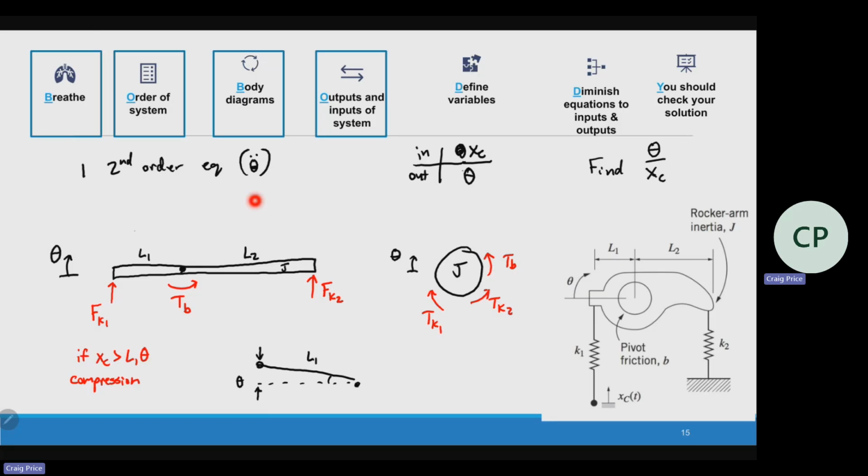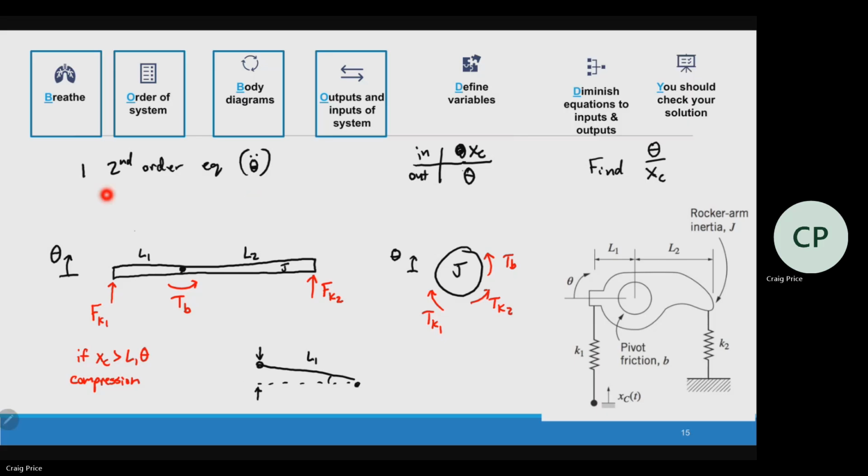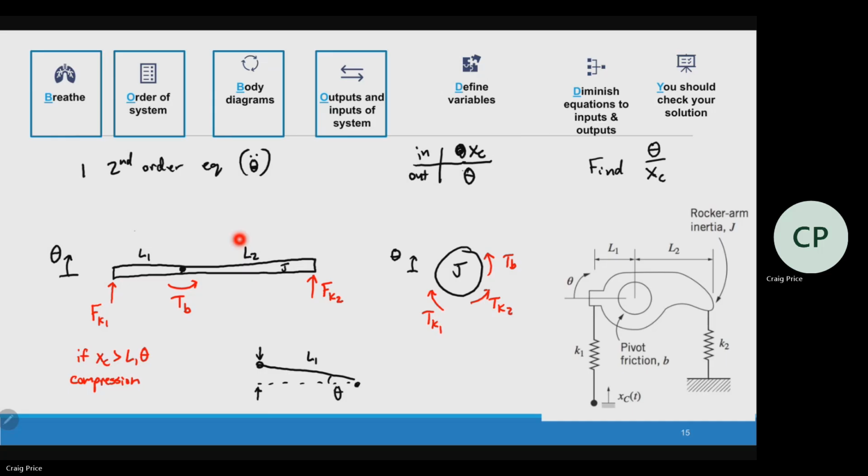So that spring for FK1 is going to see that distance right there. You want to figure out what that distance is, because that's going to inform your spring.